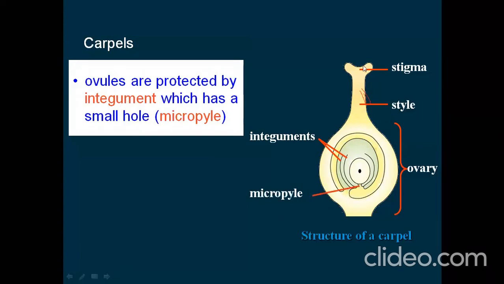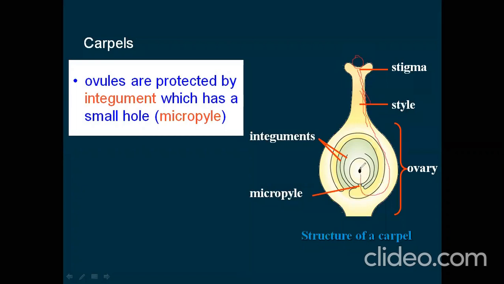Through this micropyle, for example, a pollen grain comes here, right? The pollen grain reaches here. So the pollen grain will develop what? A structure called the pollen tube. Through that pollen tube, the male haploid nucleus enters this ovule.